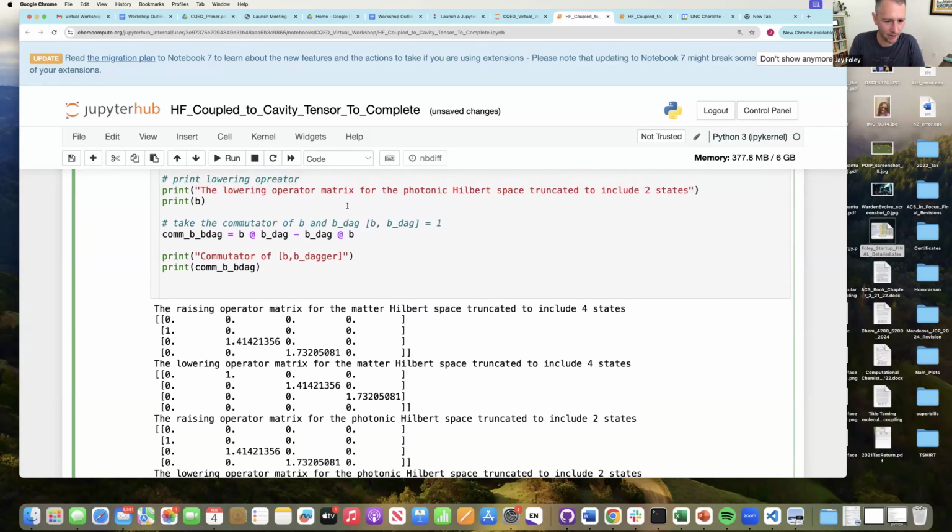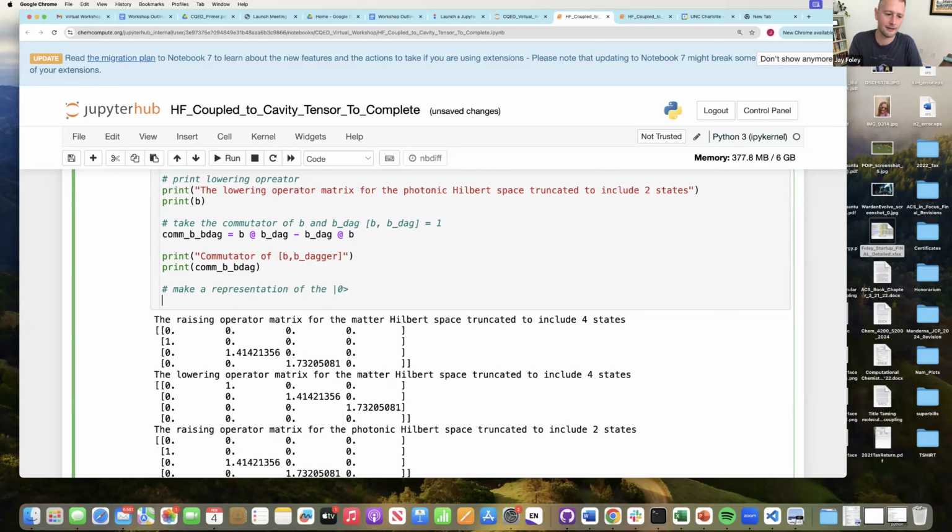The second thing I wanted to point out very quickly is that I can make a representation of any of my cavity occupation states. I'm going to make a representation of the zero ket. So I'll say ket 0 is equal to np.array, and I want my kets to be column vectors, so I'm going to make a column vector that looks like the following.